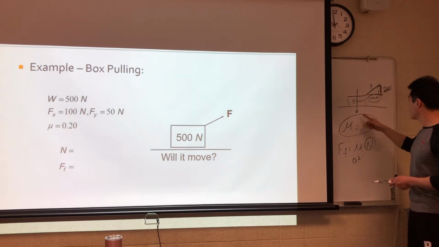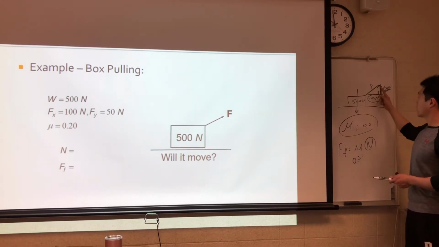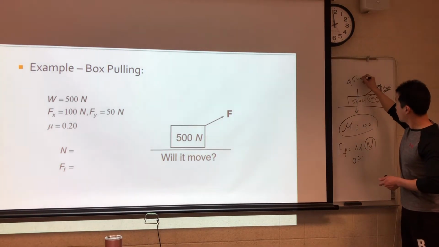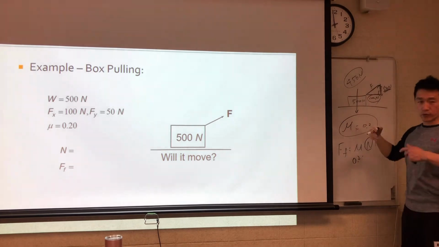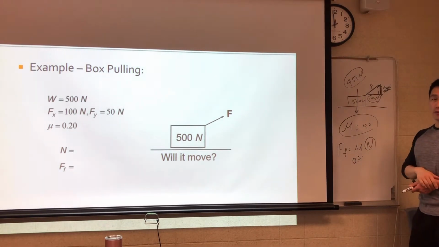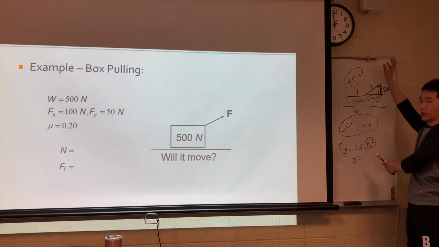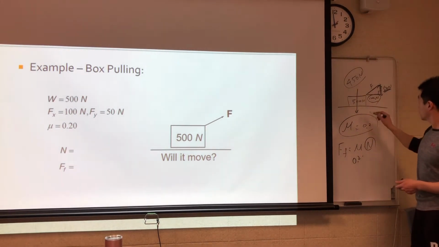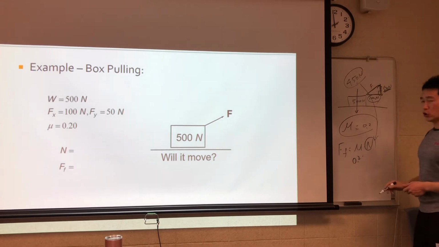This is acting down, 50 Newton is acting up. So total, how much force will be? 450 Newton. You have to subtract this force from the weight of this box, because these are acting in opposite directions. So total normal reaction force will be 450 Newton.